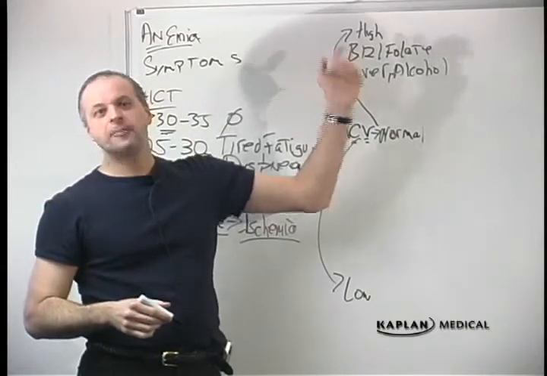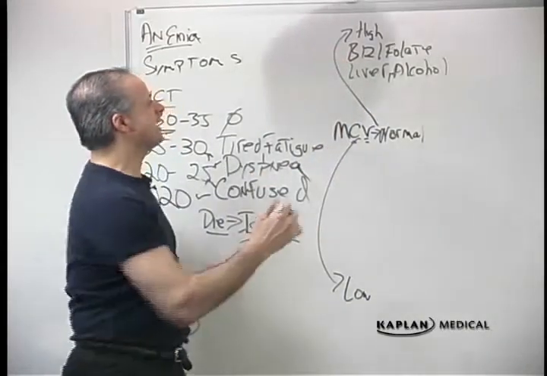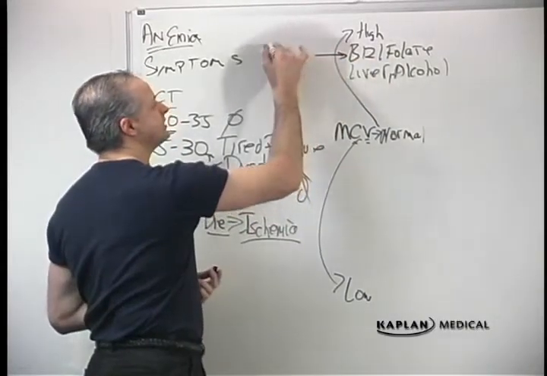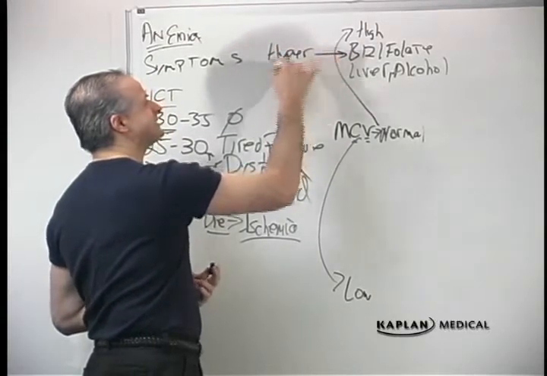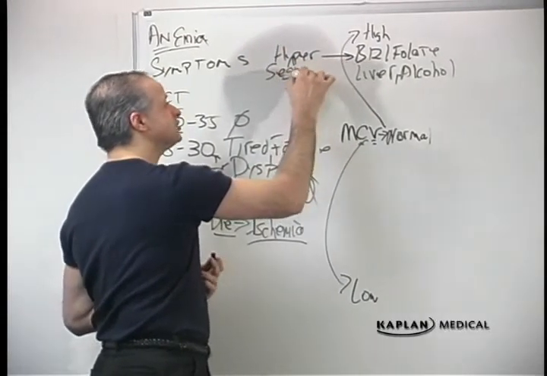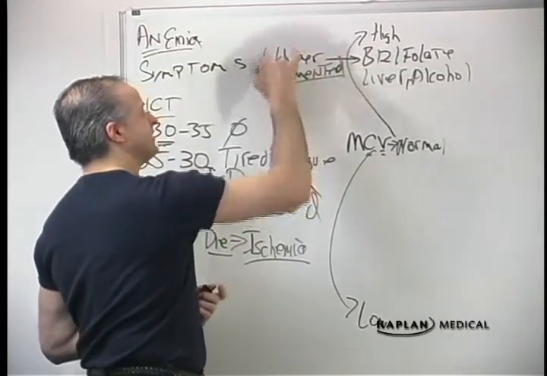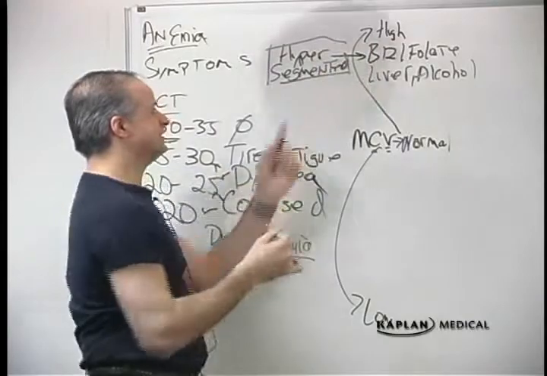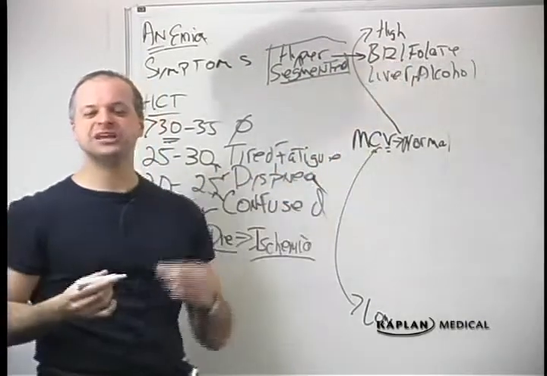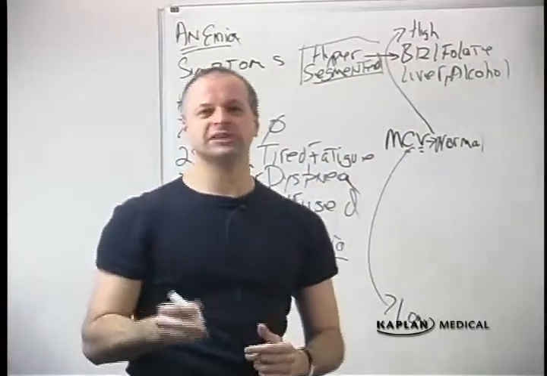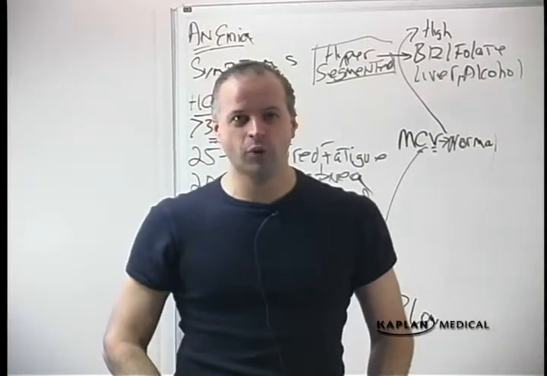Megaloblastic means hypersegmented neutrophils, hypersegmented polys. More than 4 lobes. I'm feeling hypersegmented today. Hypersegmented neutrophils, more than the average lobe count of 3.5.